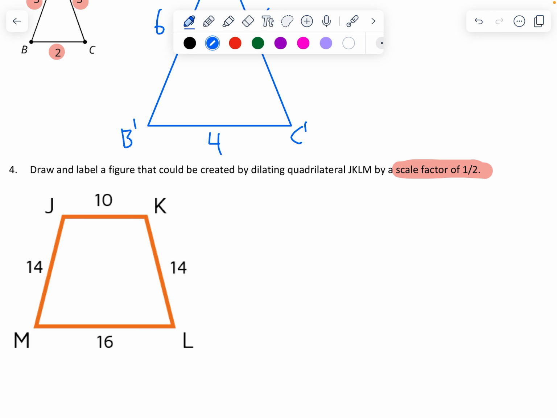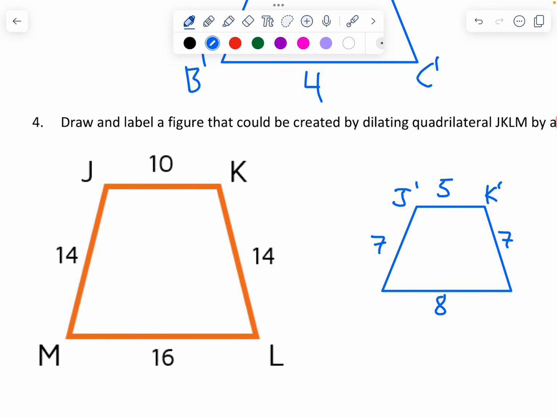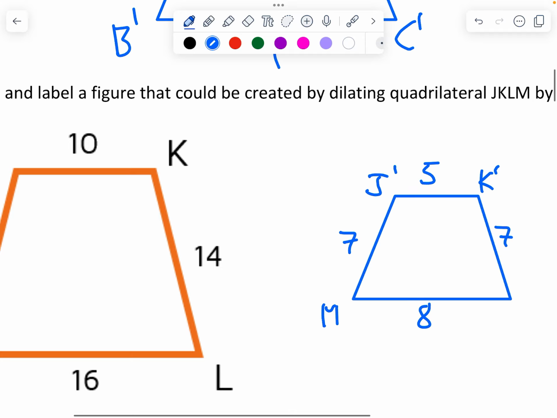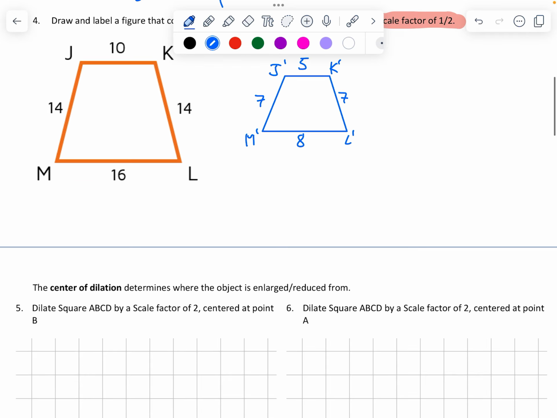So here we would have just like a little trapezoid, and we're cutting all the side lengths in half. So this would be 5, this would be 7, this would be 7, and this would be 8, okay? So that's kind of what you're doing when you're doing a dilation. So hopefully that makes sense.